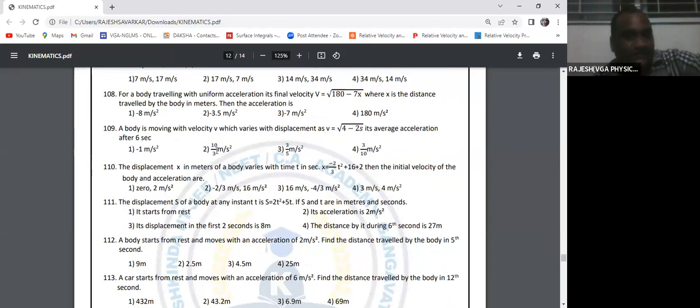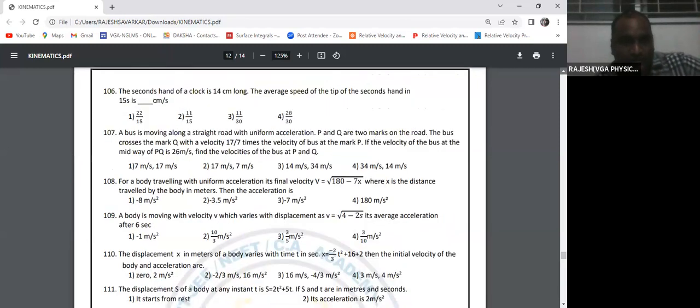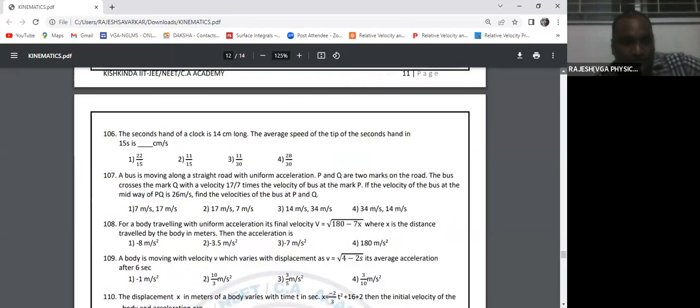From that you can find its average acceleration after 6 seconds. Here it is S equal to UT, this is 16T, plus half AT square. A by 2 is minus 2 by 3, so acceleration is minus 4 by 3. This is UT. Similarly, you can compare UT. U is 5, A by 2 is 2, so A is 4. These are comparisons. Just try these questions.